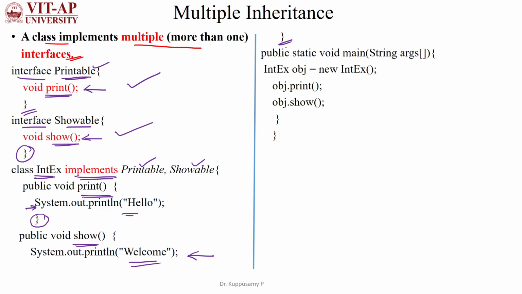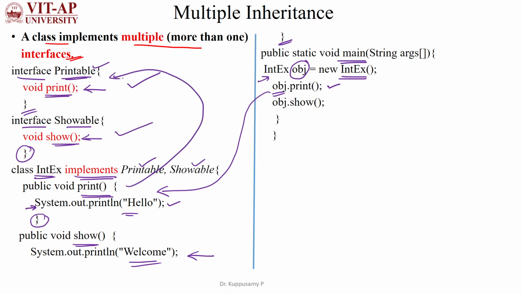Then that method is completed here. Inside the class we have the main method. Here an object variable is created, referencing the Intex class. Then using that object variable we call the print method. Once the print method is called, control passes here, and this single statement will execute, overriding the print method available inside the interface.